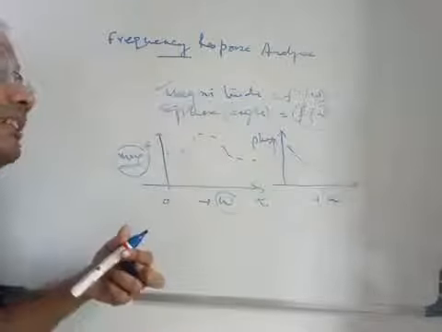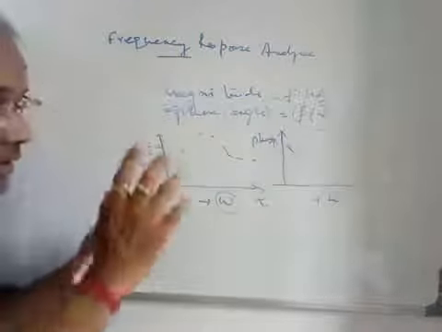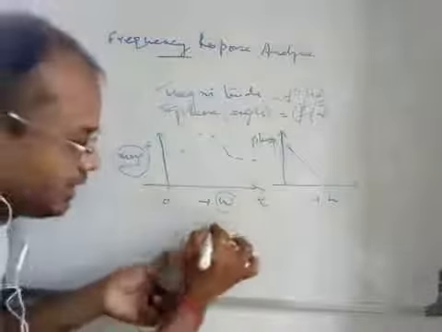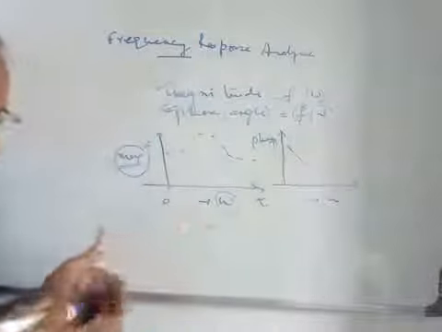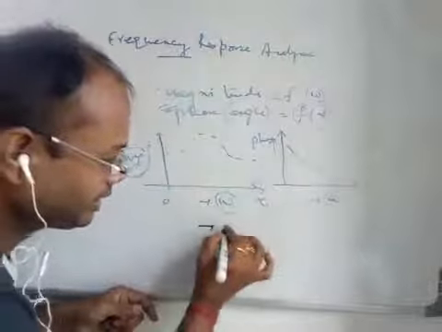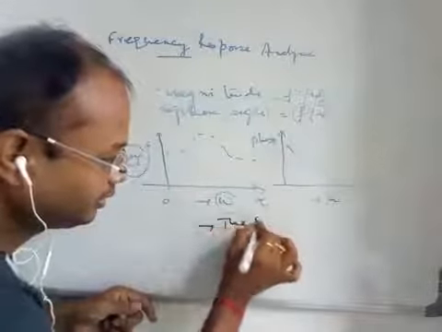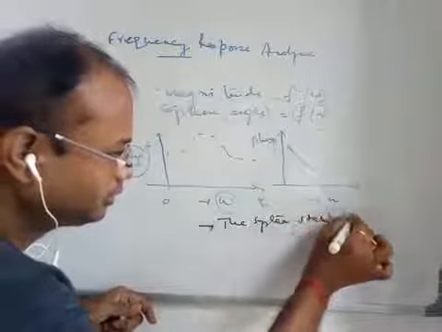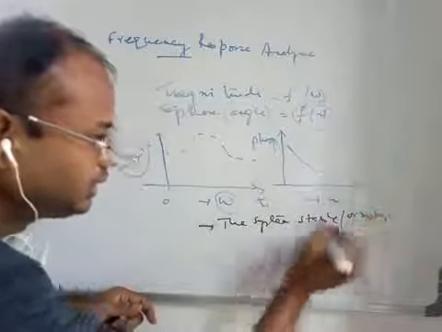So by observing the frequency response analysis, what is our main aim? The main aim is to find whether a system is stable or not. That means we want to observe system stability as a whole, right? So the main objective is whether the system is stable or not.